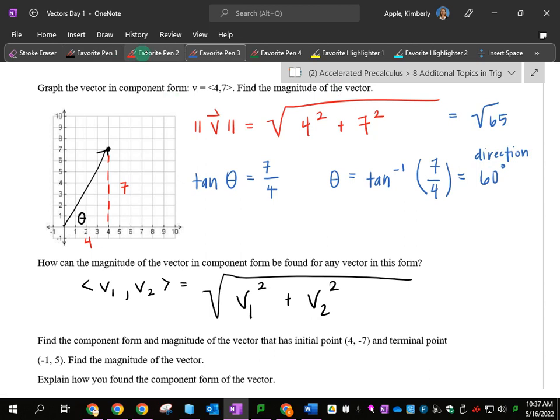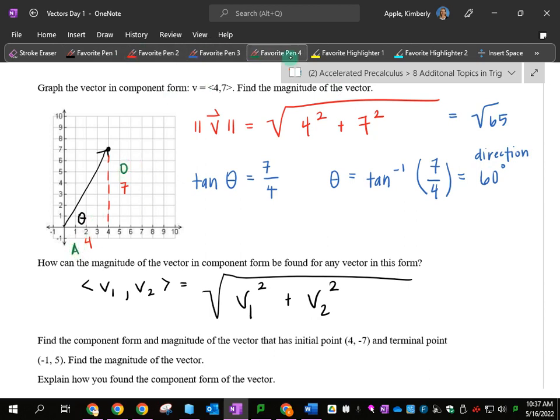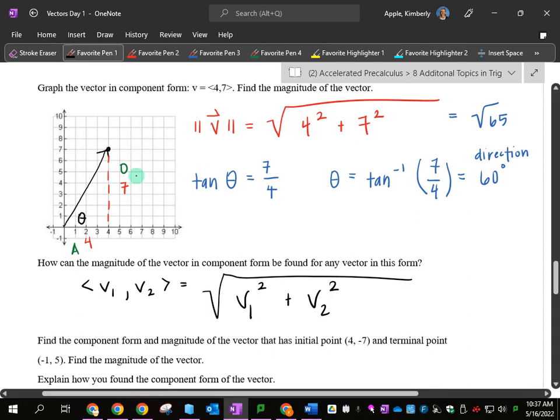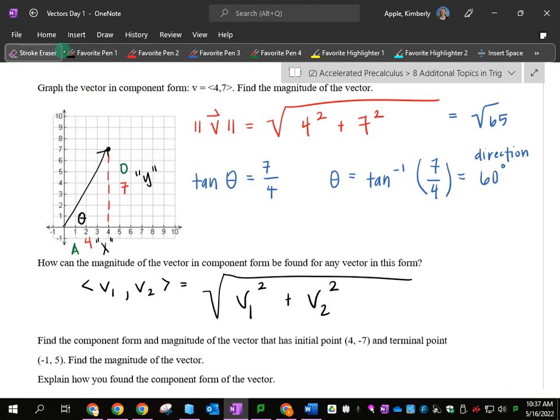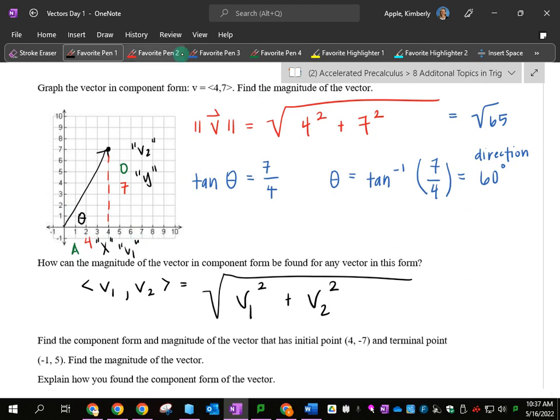So this is O and this is A, but I could also just call them plain old y and x, right? Or I could call this V1, V2, or V1. However your brain likes to think about it, it's all the same thing.